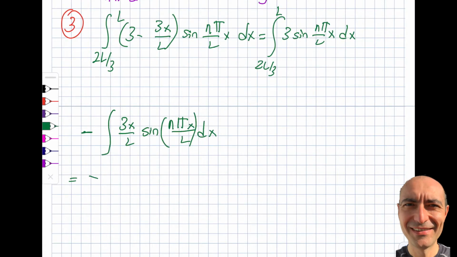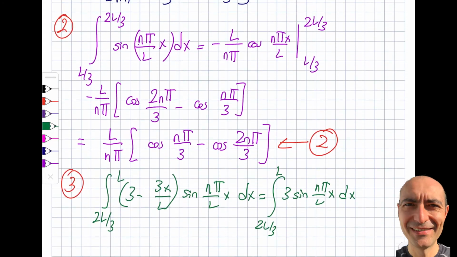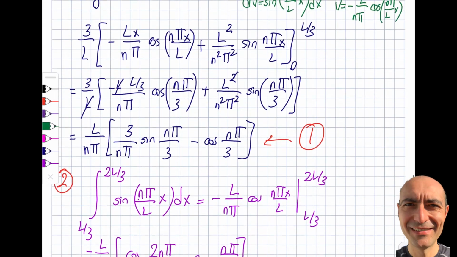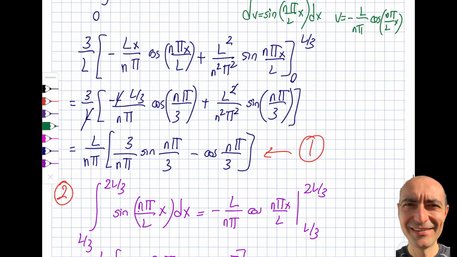Okay, so when I do it, it's going to be 3L by n pi cosine n pi x by L, and I will have to evaluate this from 2L by 3 to L, minus 3 by L, and this bracket is going to come from up here. I'm going to simply go ahead and plug this in.